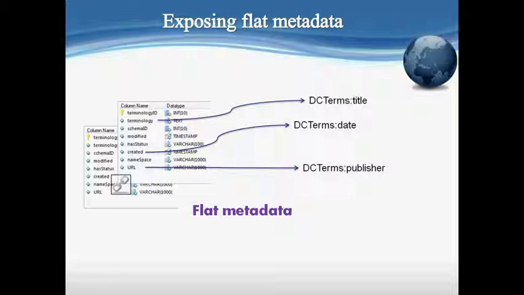For example, you can say, okay, this is my book title, and this book title can be mapped to title in this, let's say, vocabulary, or this date can be exposed as Dublin Core. This is a very straightforward and simple approach, so you can use some flat metadata. You don't need any ontology in this step.